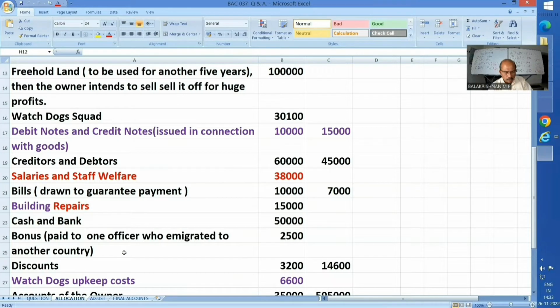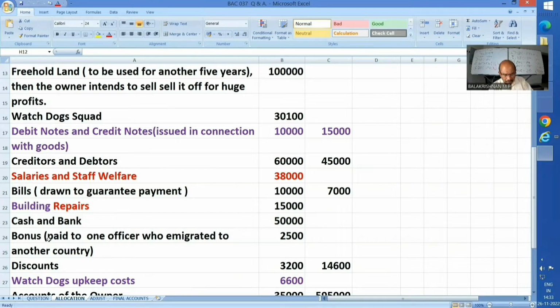Why this bonus paid to one officer who emigrated to another country is shown for the balance sheet purpose is that you will see as we encounter the question, the bonus is not at all paid, and it is normally paid afterwards only. Hence, they have given it as an adjustment. Whatever bonus we have to pay, of course, we'll consider for the profit and loss account.